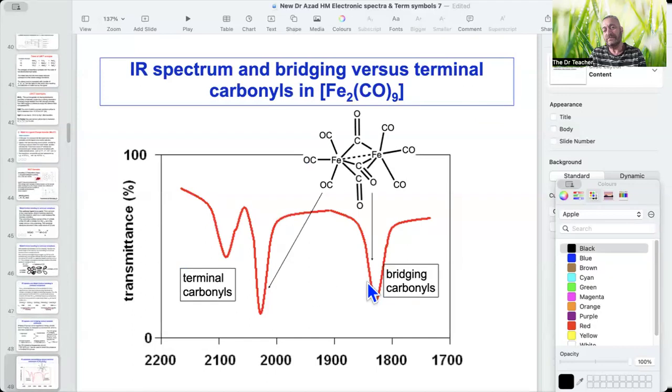So this peak is for the bridging carbonyl, whereas this peak is the free carbonyl. So look, this is between 1800 and 1850. Here is between 2000 and 2050. These are different peaks. Each one identifies whether it belongs to a bridge or a free terminal carbonyl.